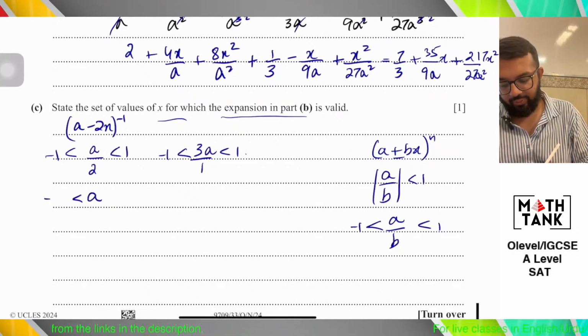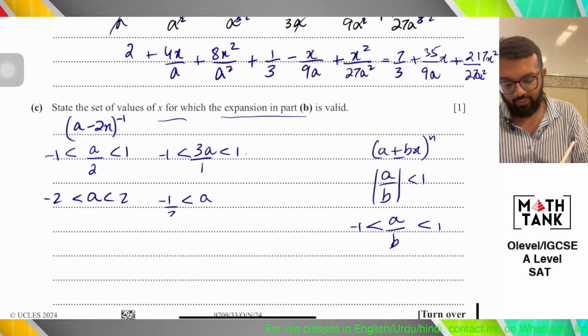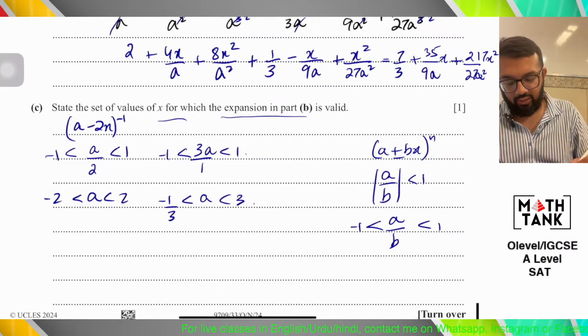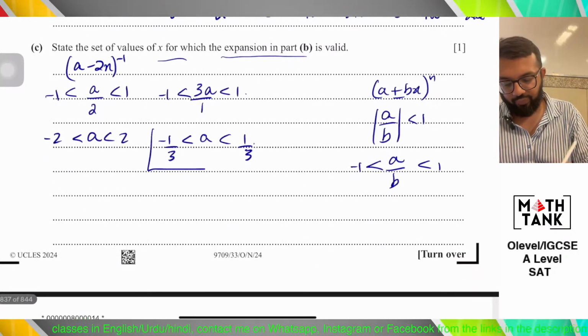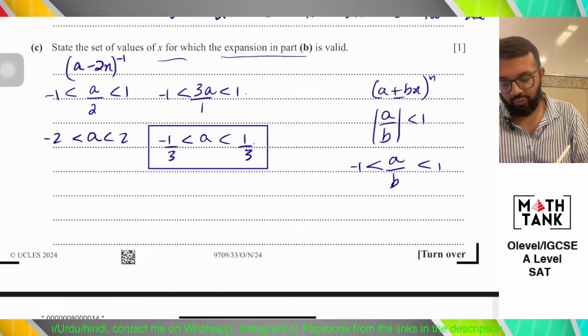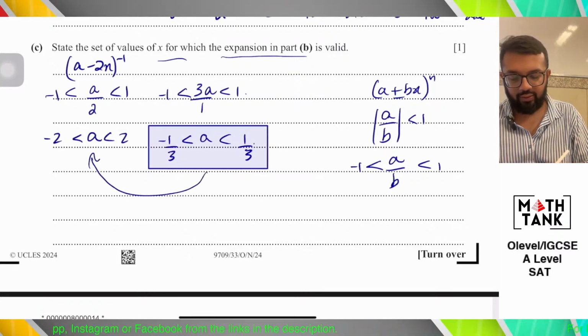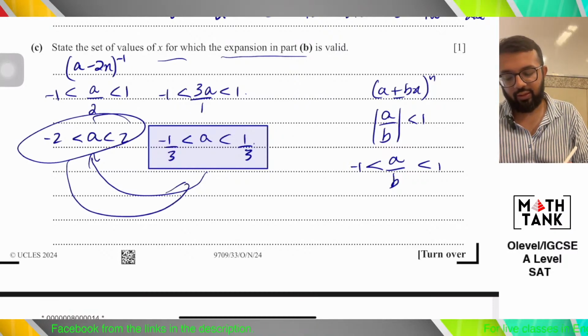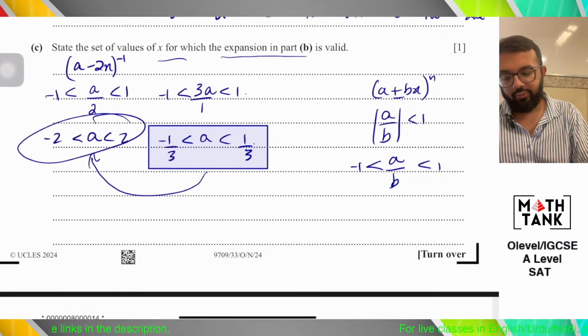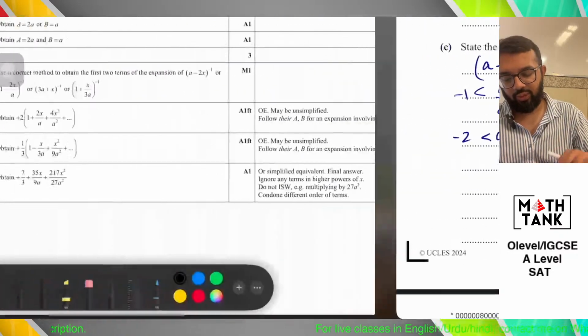So a comes out between minus 2 and 2, and here between minus 1 over 3 and 1 over 3. So the more restrictive domain will hold. Why? Because this satisfies this, but this does not satisfy that. I think that should be the correct answer.